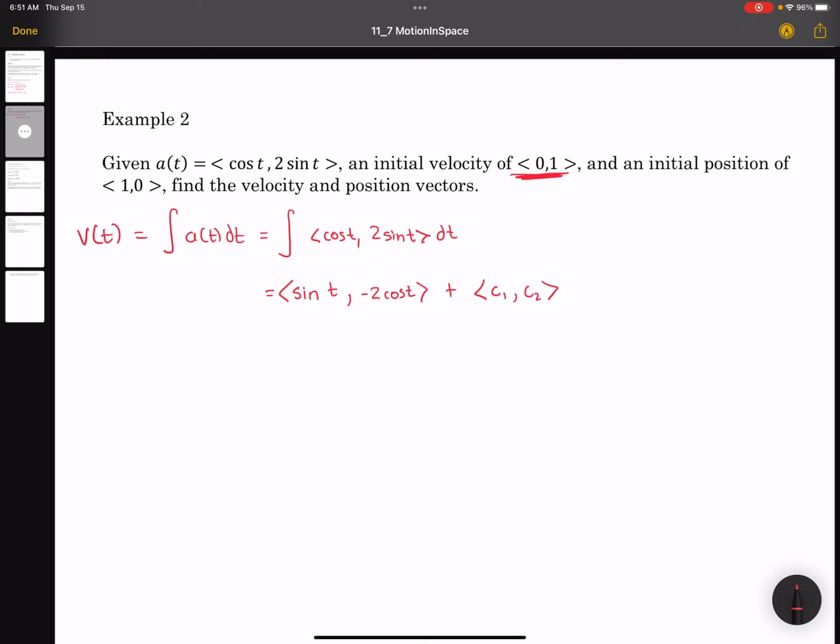So with this initial condition of the velocity being the 0, 1 vector, that means that V0 is going to be the sine of 0, and we're going to combine these. So sine of 0 plus C1 and negative 2 cosine of 0 radians plus C2, and we should get the 0, 1 vector when we do that.